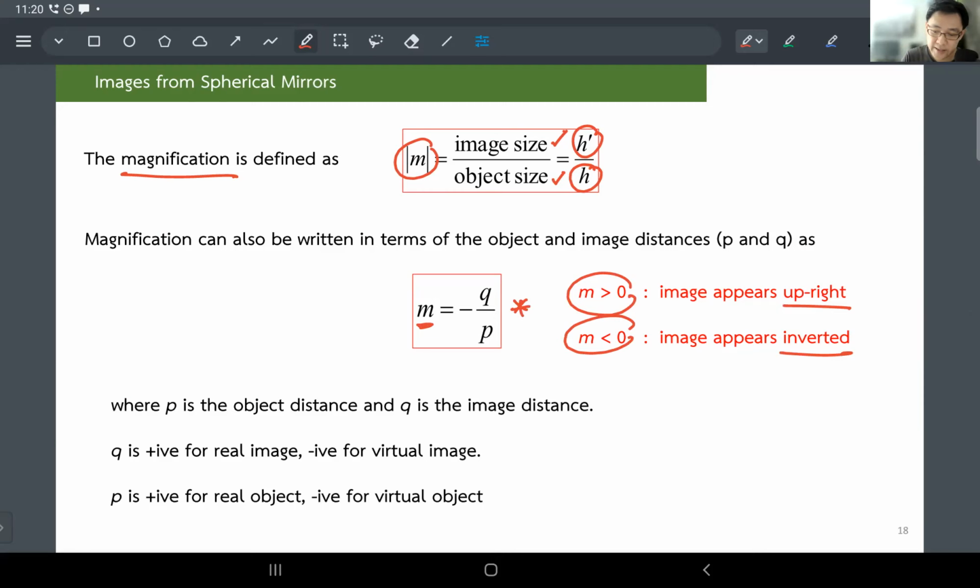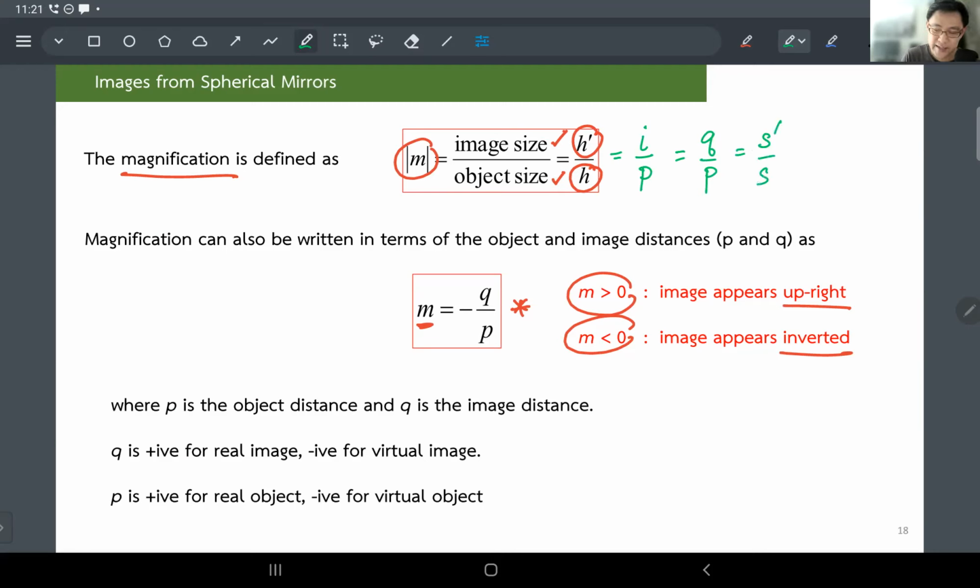Plus, the nice thing about this ratio is that the ratio of the size of the image and object turns out to be the same as the ratio of the image and object distance. So I can replace the image size with the image distance, and the object size with the object distance. In some textbooks, they use P and Q. In some, they use S and S prime.